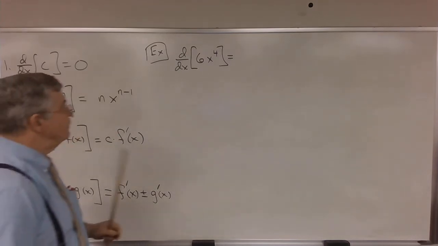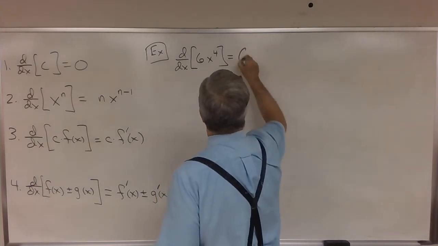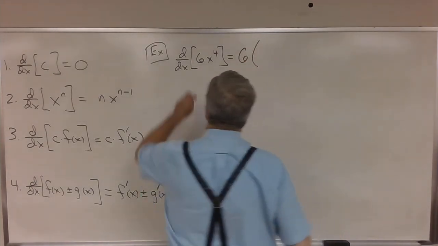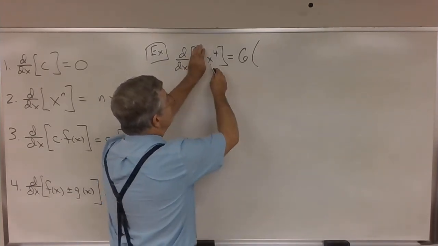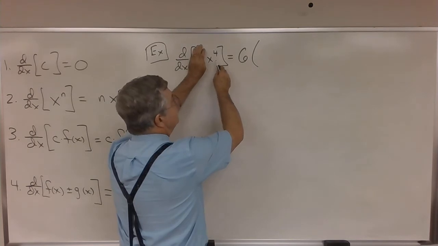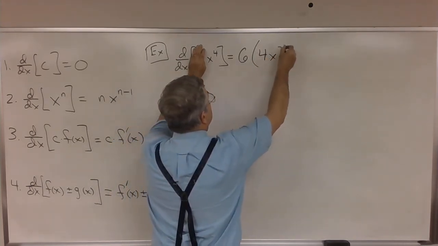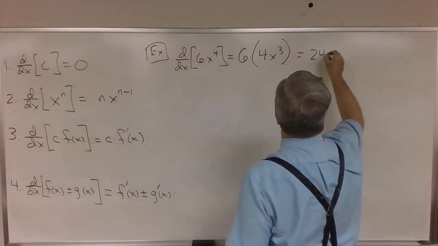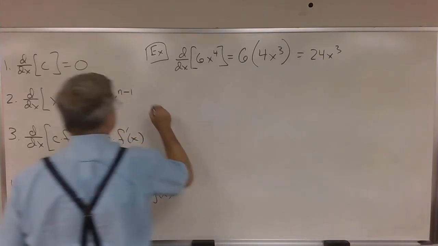So property number 3 says write the constant down and then forget about the constant and just compute the derivative of the function that follows. Let's try that again.